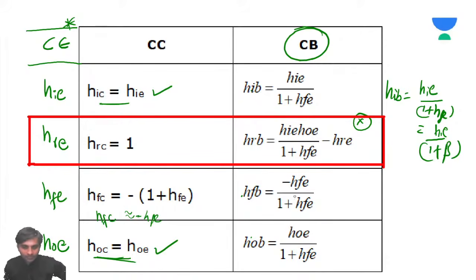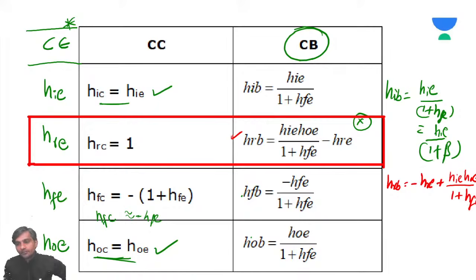It's 1 plus HFE. Now, if you come back to this HRB, I'll try to write this HRE in a different way. HRB is equal to minus HRE plus, again you need to divide by 1 plus HFE. So when HRE is there, what are the remaining? You have HIE and HOE.